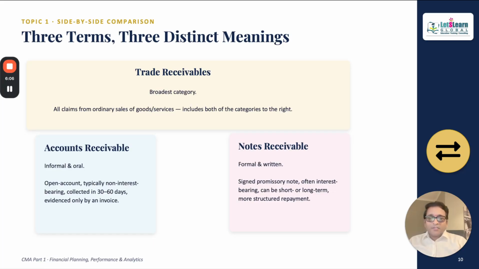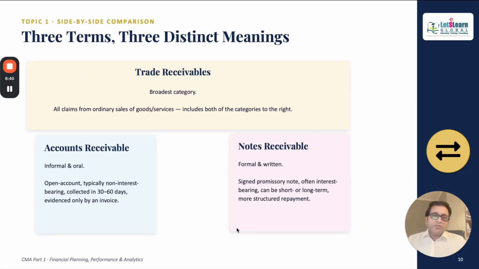It's an open account. Notes receivable is a credit sale, but we'll have some kind of formal agreement: you pay this amount on a certain date, but I want some instrument in my hand now. That may be a promissory note, a check, or a bill of exchange. So there is a difference between accounts receivable and notes receivable, but of course both are receivables.